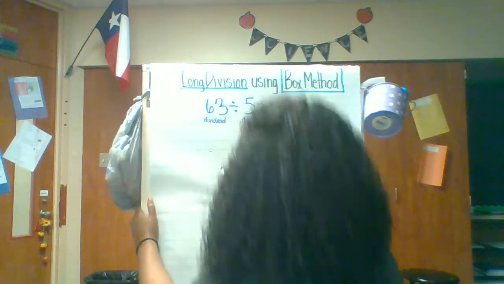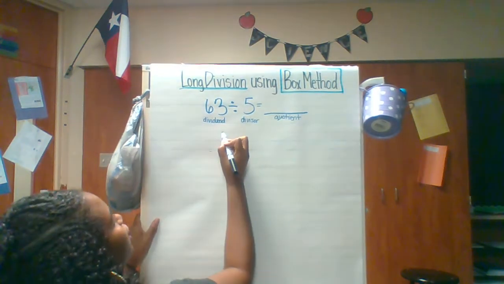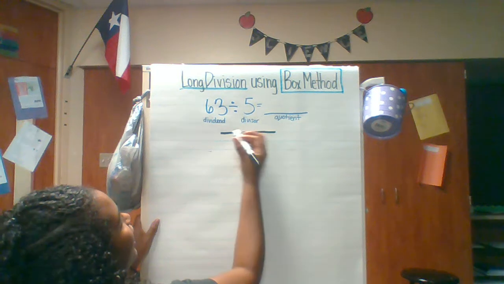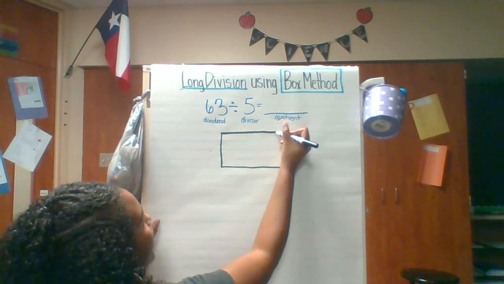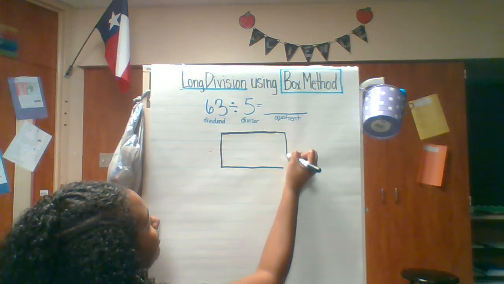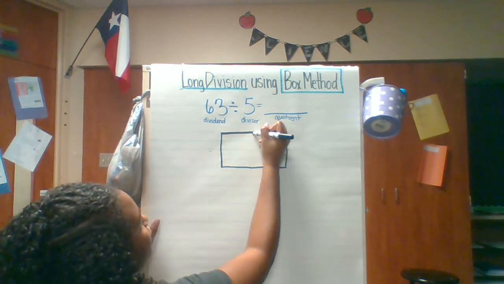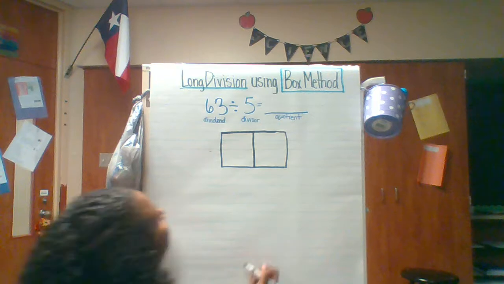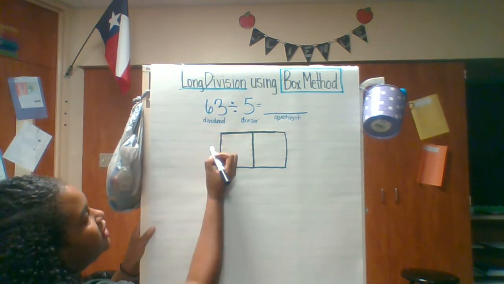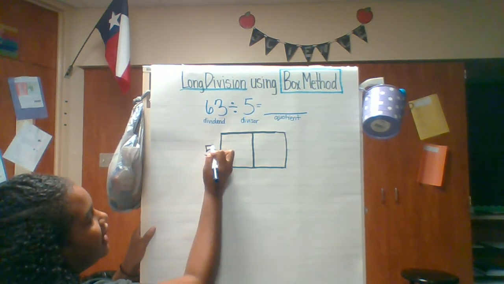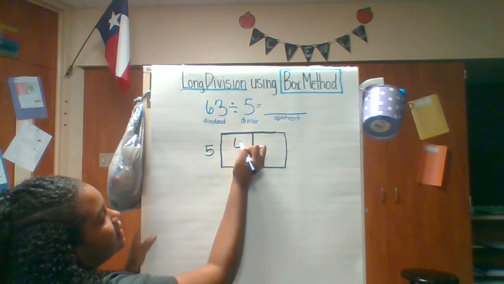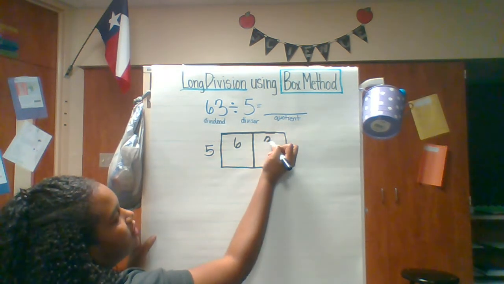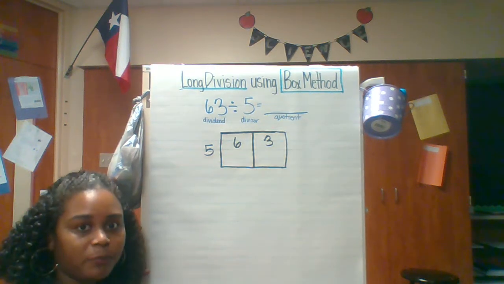So when I draw my box, I'm going to be sure that I have 2 spaces for my box method because I have a 2-digit number. I know that my divisor is 5. I'm going to put that on the side. And then I have the digits 6 and 3 to form 63.